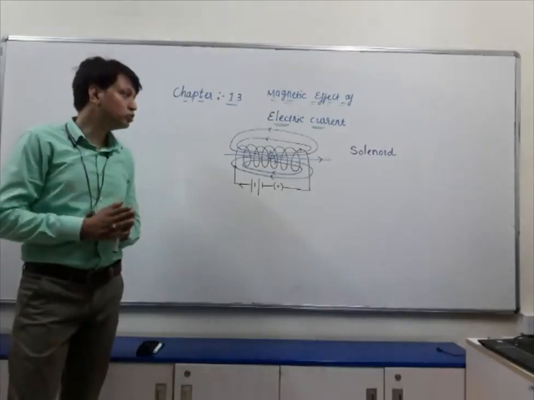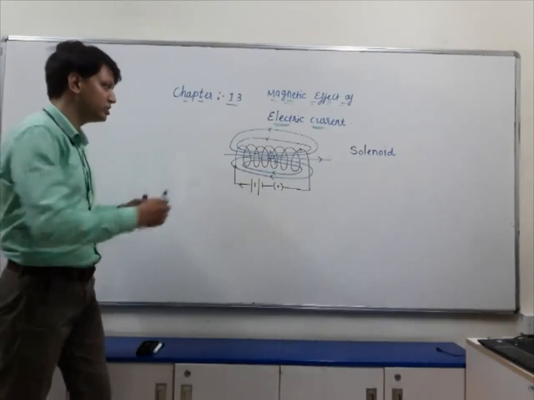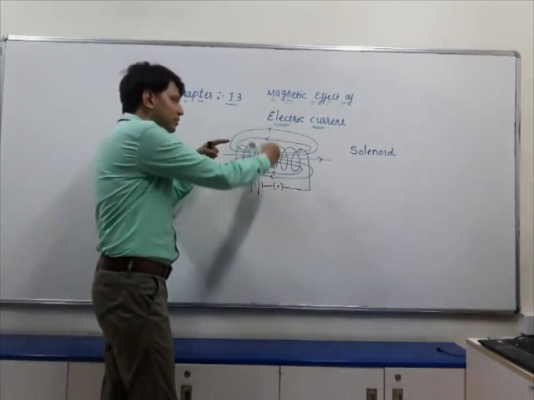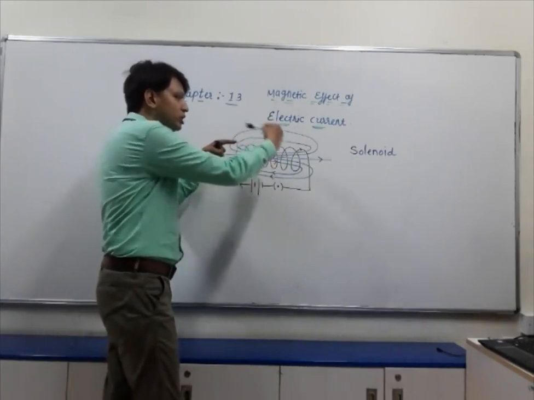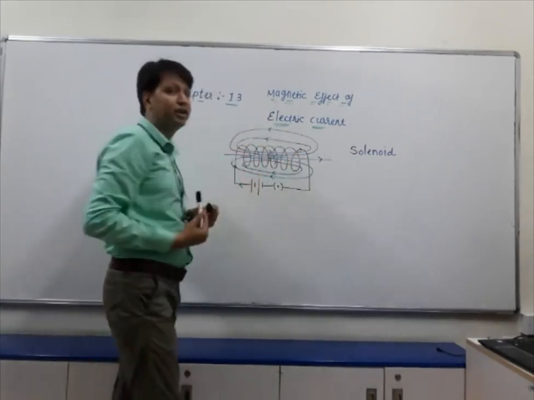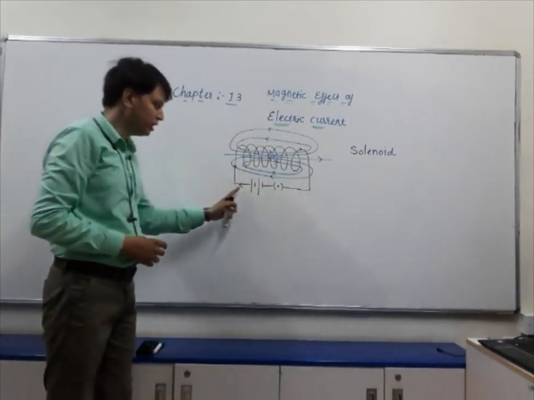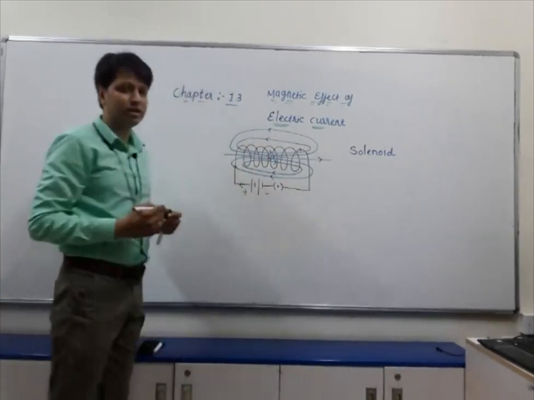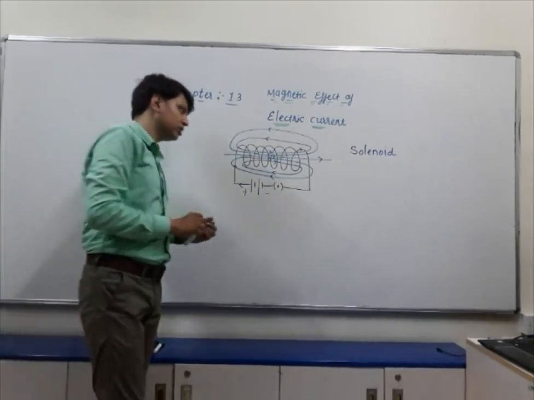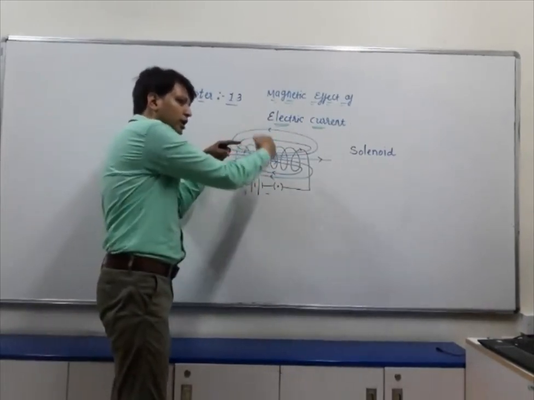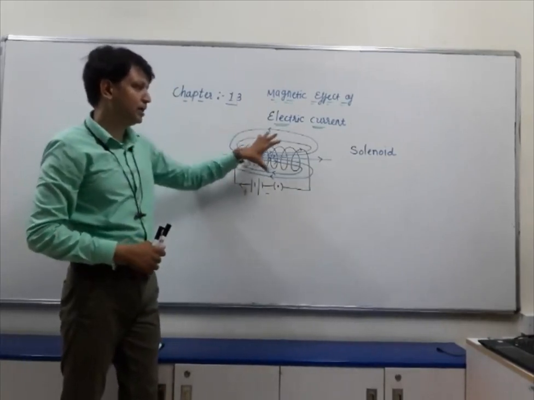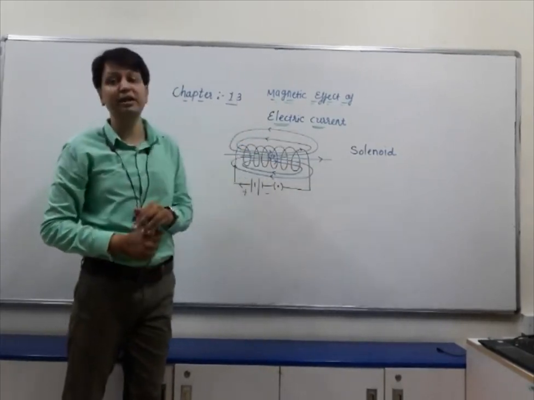Students, we have drawn one circuit, a coil wound in the shape of a cylinder, and when current is passed by connecting it with a battery, the current flowing in a cylindrical shape generates a magnetic field.